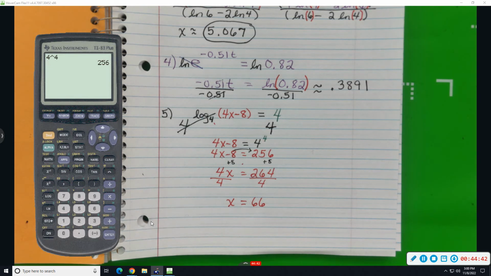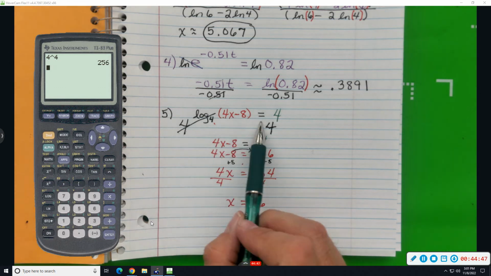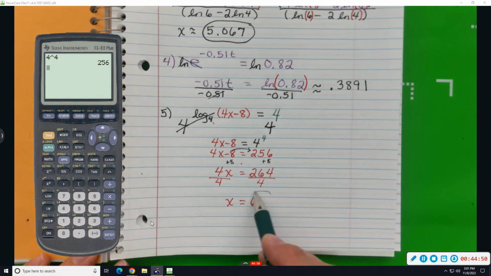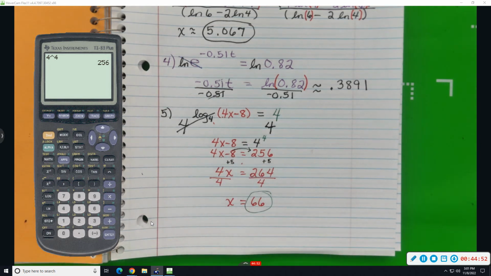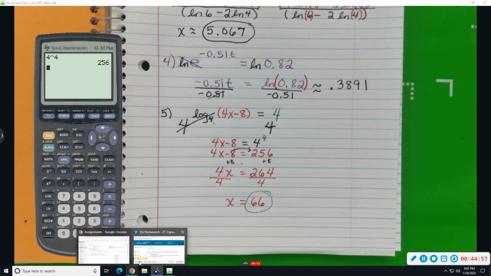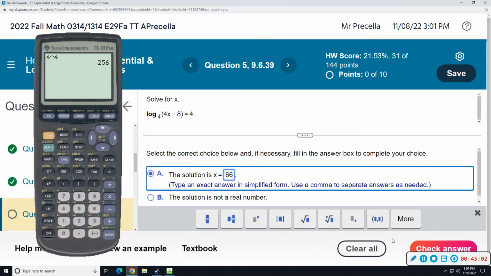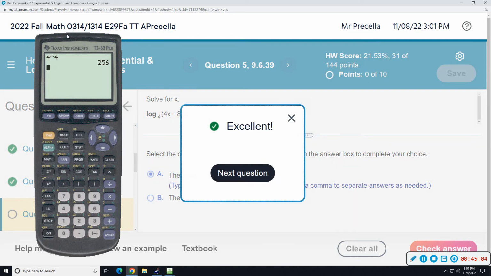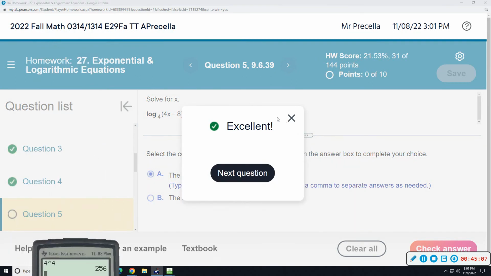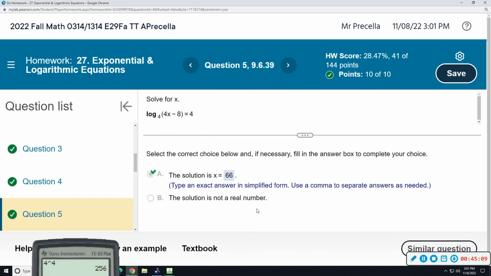Any questions there? When you're solving the logarithmic equations, you don't have the decimal numbers. Okay? You're just going to have some whole numbers or fractions. So 66, let me punch that in. Now, on these particular problems, it is theoretically possible that you might get an answer that's not a real number. Okay? When will that happen?